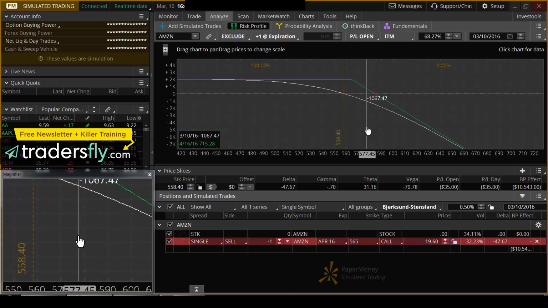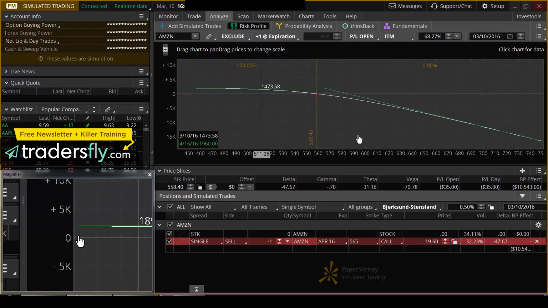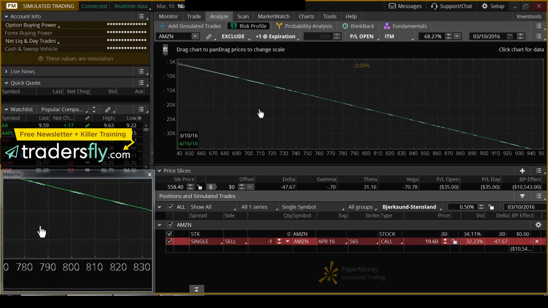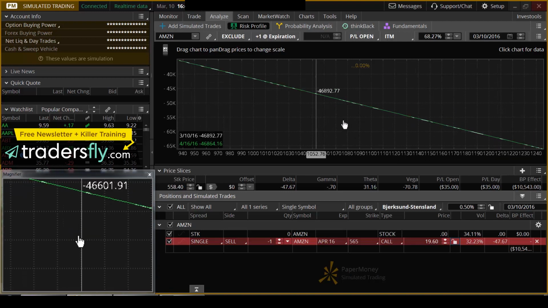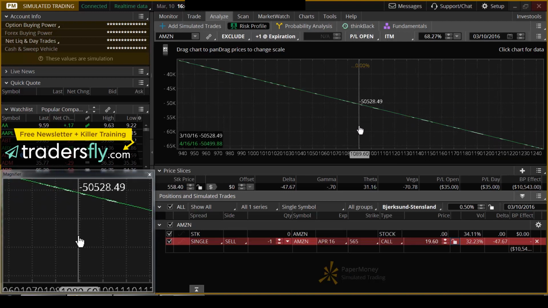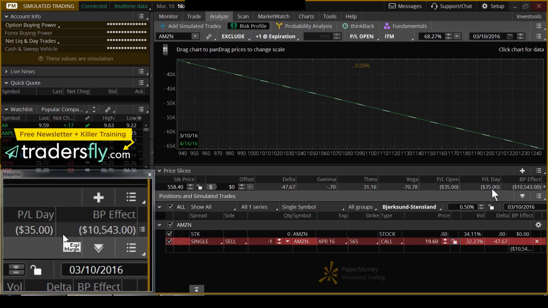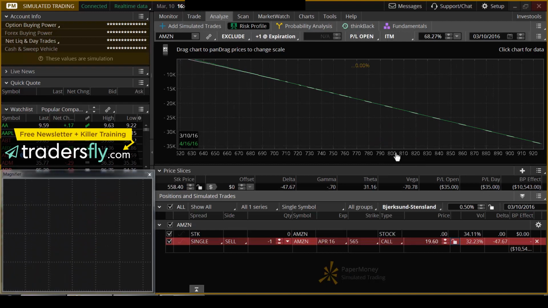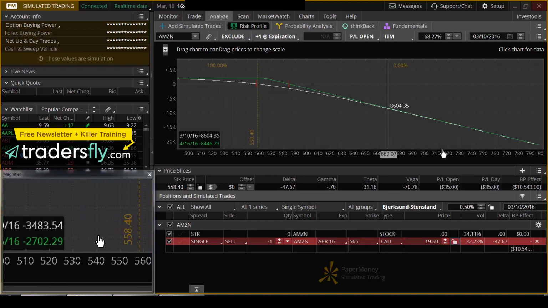Now, the problem with selling options is that a lot of people don't understand you get into this very large loss that you could incur if the stock goes in the wrong direction. On a simple option, your profit potential is about $1,960.